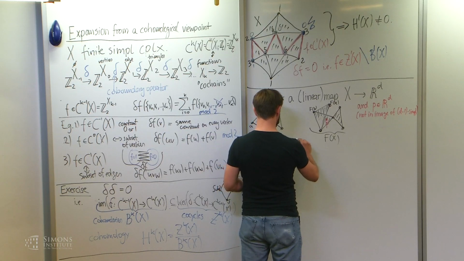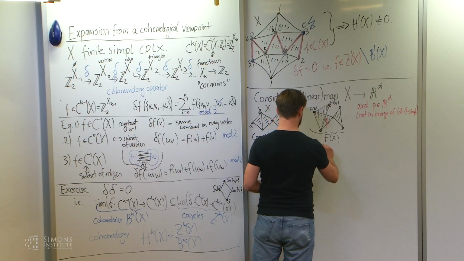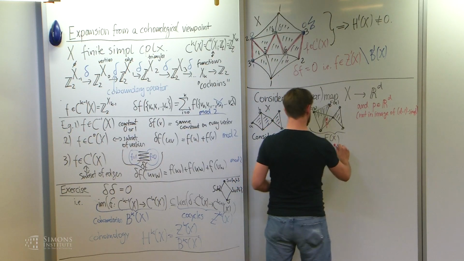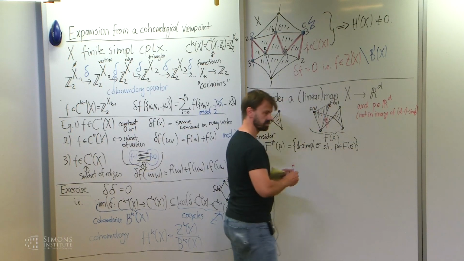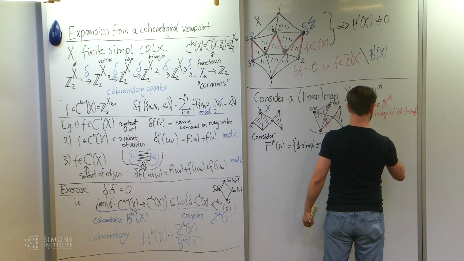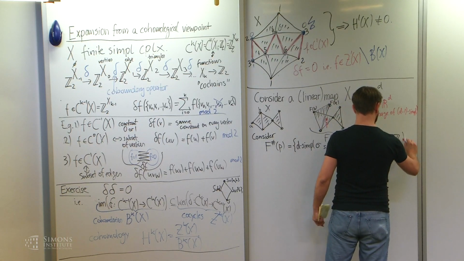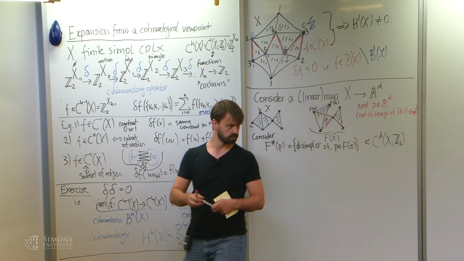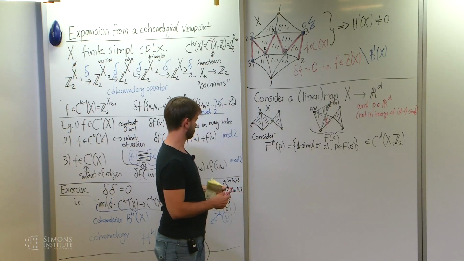So this is just a set of d-simplices such that the image contains P. I've defined it here as a set, but of course this is the same as a cochain with Z2 coefficients. I assign 1 to the d-simplices that contain this point and 0 otherwise.